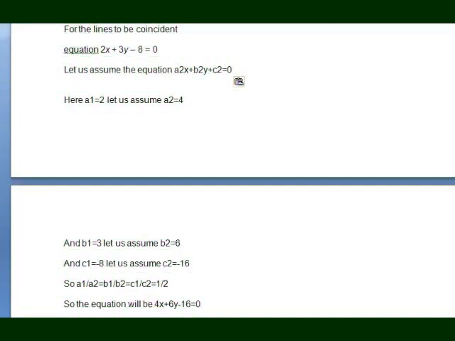The third condition: lines to be coincident. The first equation is known, 2x plus 3y minus 8, compared with a1x plus b1y plus c1 is equal to 0, and let us assume that the second equation is a2x plus b2y plus c2 is equal to 0. Here a1 is equal to 2, b1 is equal to 3, and c1 is equal to minus 8.